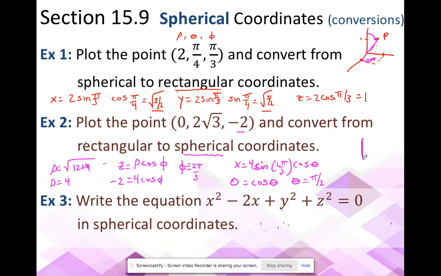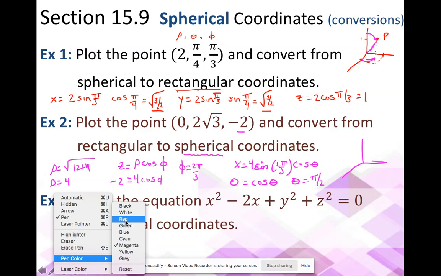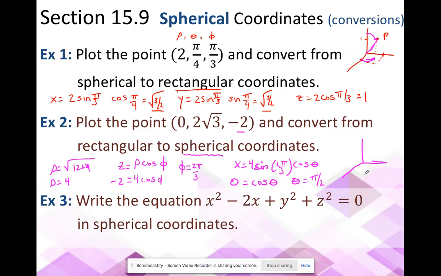So can you visualize that? If I go 0 in the x direction, 2 root 3 in the y direction, and then down 2 units, right? Imagine the z-axis is going down 2 units here.